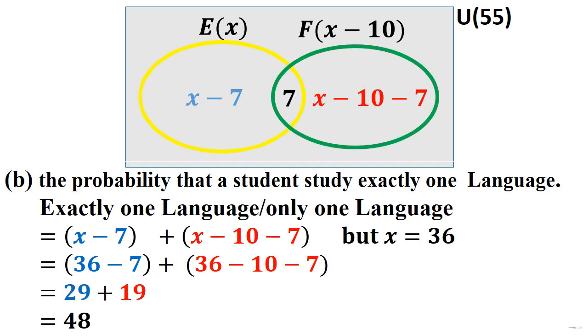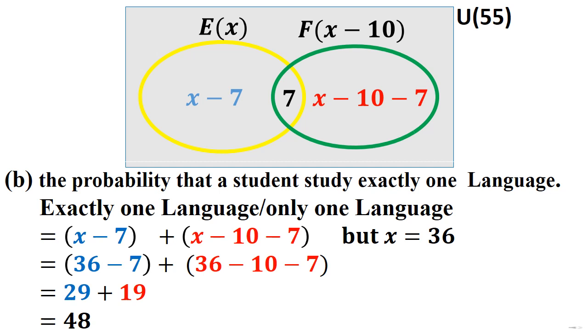So exactly one language or only one language is equal to x minus 7, which is for only English, plus x minus 10 minus 7, which is for only French. But we know x to be 36.